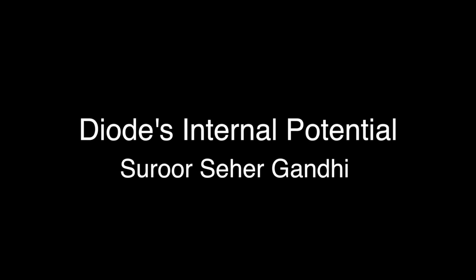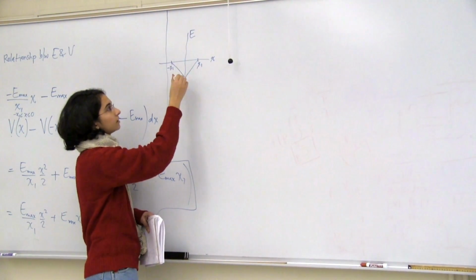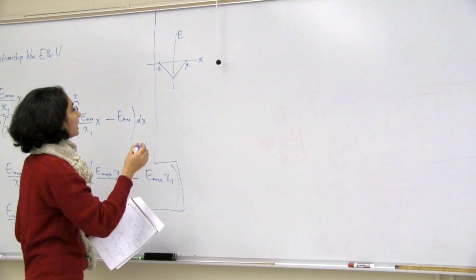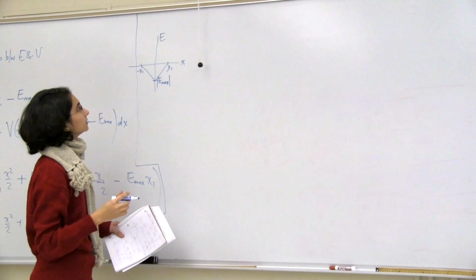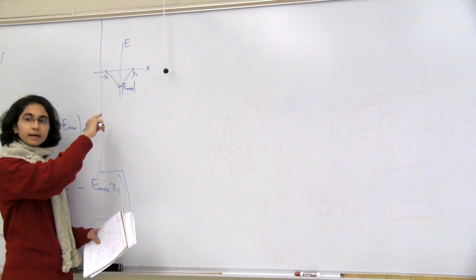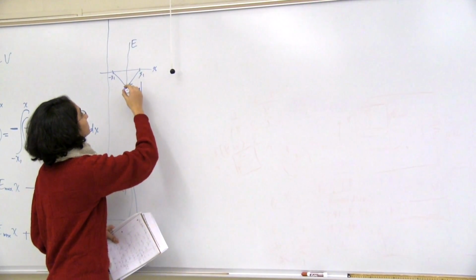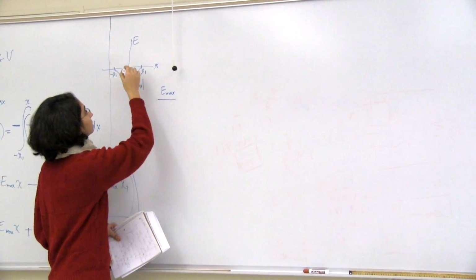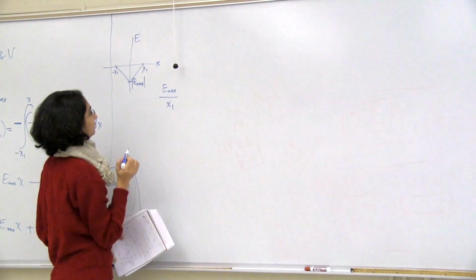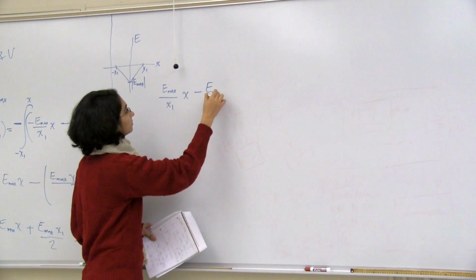So moving on to the second part, now we have to find an expression for V for this part of the electric field. For that we find an expression for that line again. That is a positive slope. Rise is E max over a positive run, so that's your positive slope, and then negative intercept.